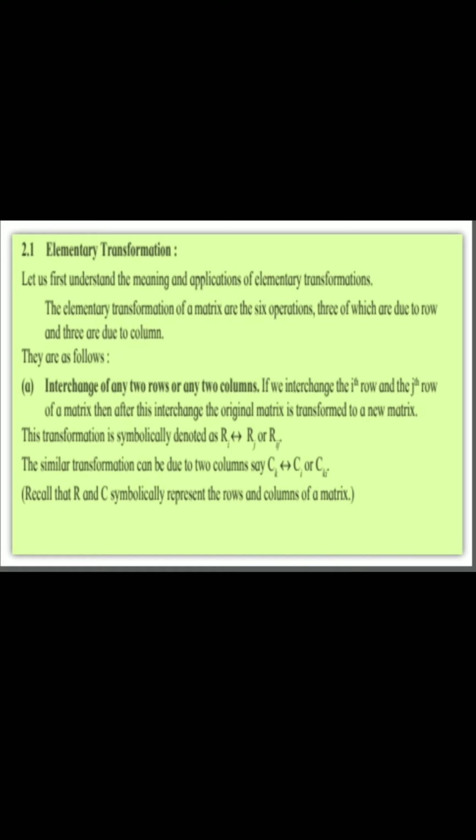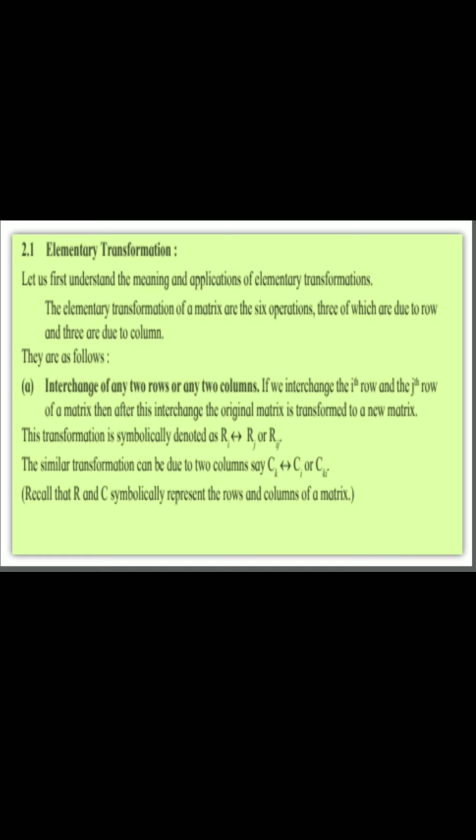If we interchange the ith row and jth row of a matrix, then after this interchange, the original matrix is transformed to a new matrix. This transformation is denoted as Ri interchange to Rj, or it is also called R of Ij.